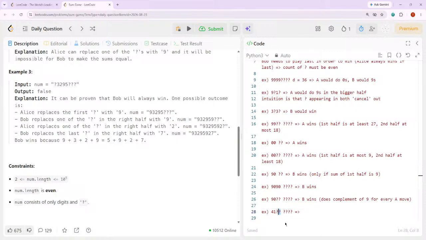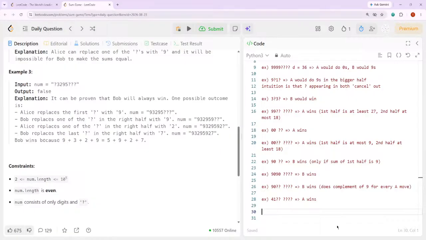That gives 14. And then she does 9-9 in the back half. So here I think Alice wins. She minimizes the first half, maximizes the second half, and it should be unequal at that point.